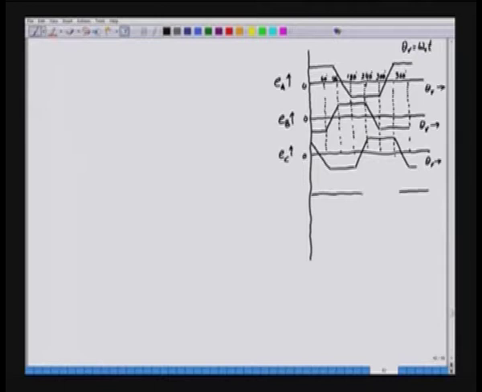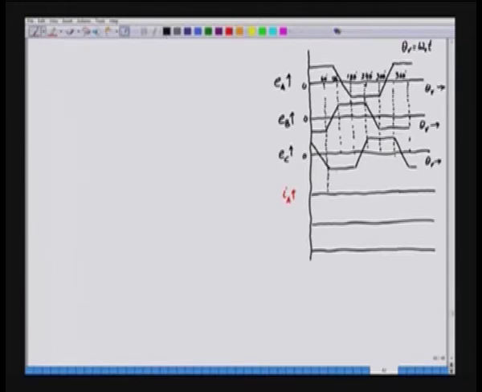This is for phase A. We will say IA, similarly we will have IB, and similarly IC. So, let us start with IA. IA will be a quasi rectangular wave.